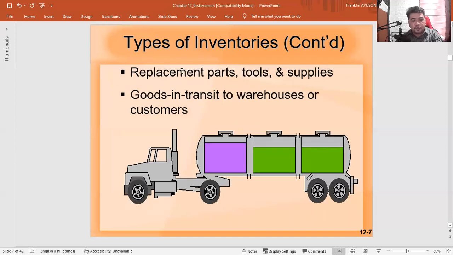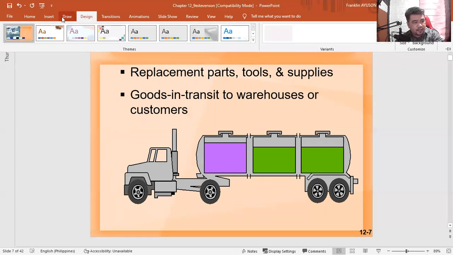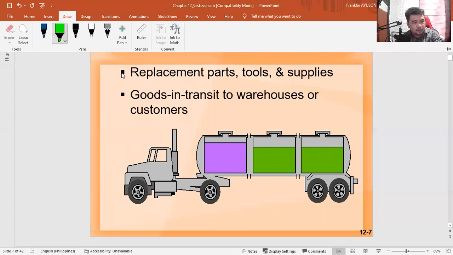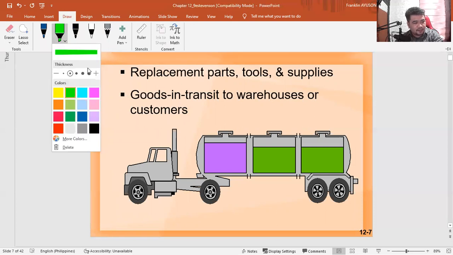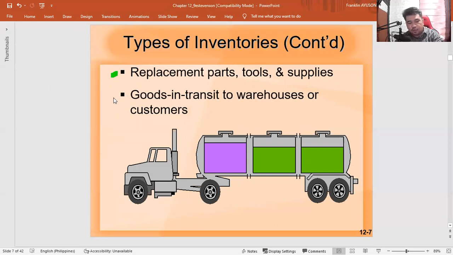More so, replacement parts, tools, and supplies are also part of our inventory. On the other hand, we can also consider the goods in transit to the warehouse or to our consumers as part of our inventory.